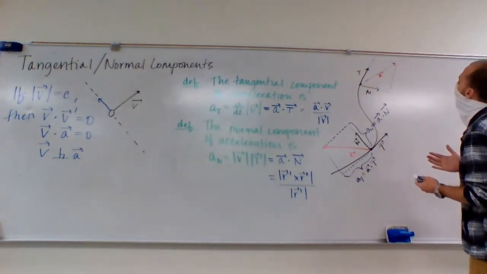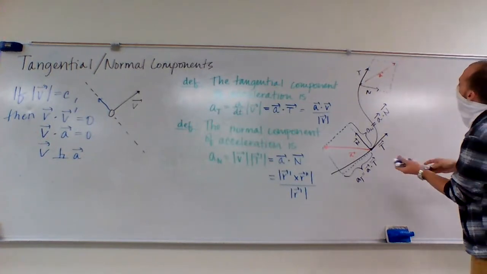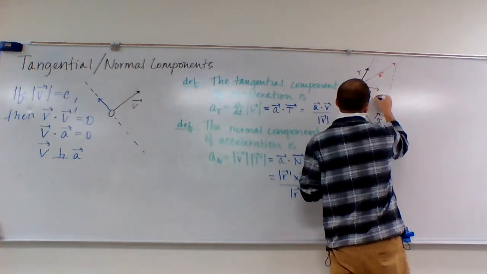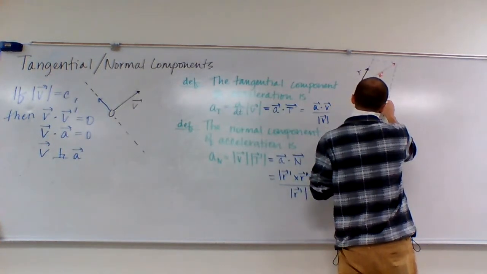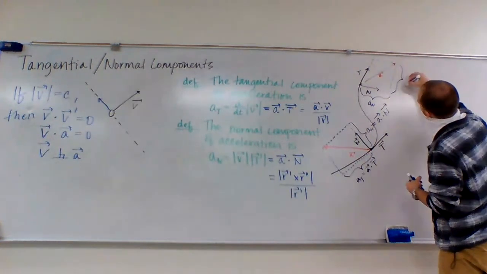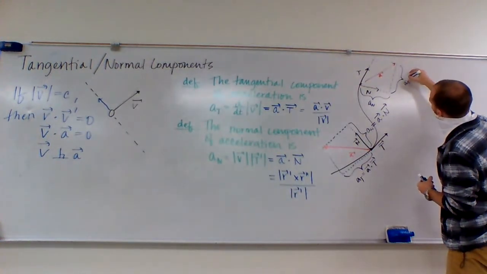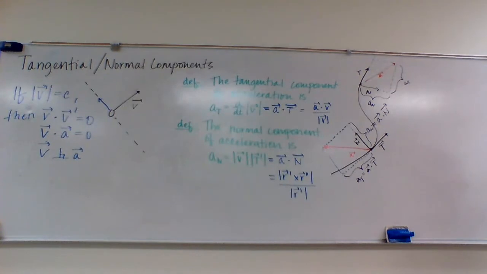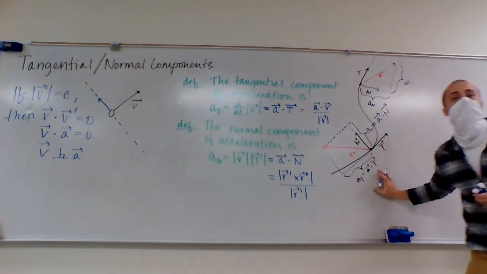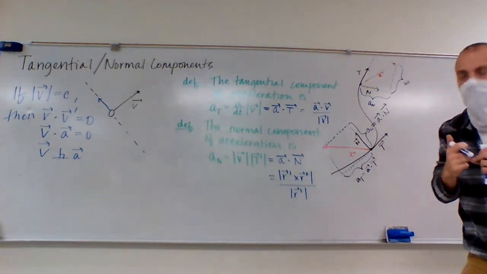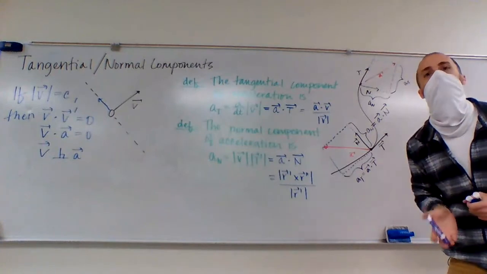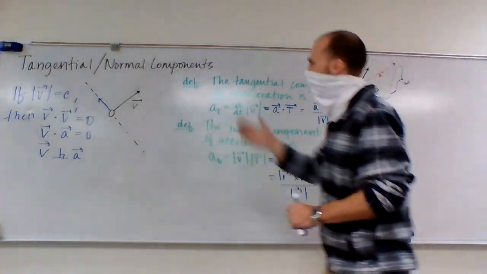This length here is the normal component of acceleration, and this length here is the tangential component of acceleration. In this case, AT is going to be positive, whereas in this case, AT is going to be negative. So if you were able to find out that the tangential component of acceleration was negative, you would know that the thing was slowing down, for reasons that I had mentioned earlier.